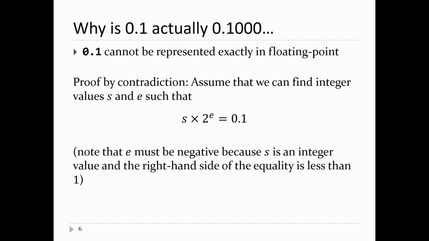If you look at that for a second, you might think that can't possibly be true. I'm multiplying something by 2, and the value over here is less than 1, so that doesn't make sense. Well, e can be negative. If e is negative, it's 1 over 2 to some exponent, and that lets you get values that are less than 1. So in this case, e is going to be negative.